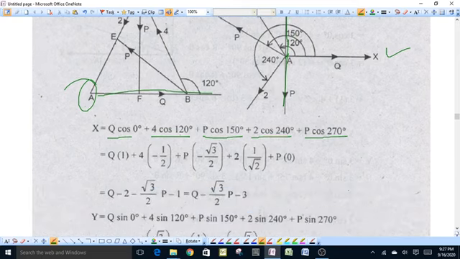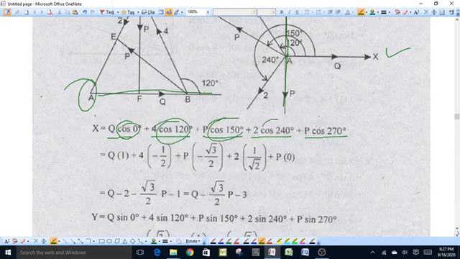After putting the values of cos 0, cos 120, cos 150, cos 240, cos 270, X will be equal to Q minus 2 minus root 3 by 2 P minus 1, which will be equal to Q minus root 3 by 2 P minus 3.